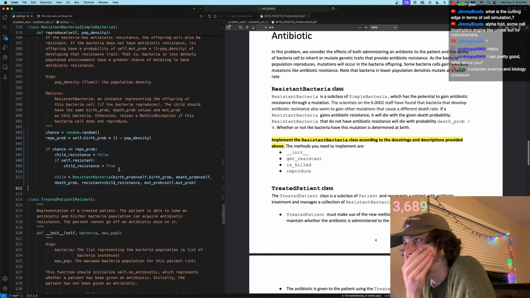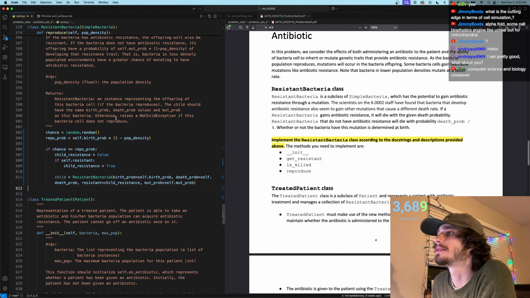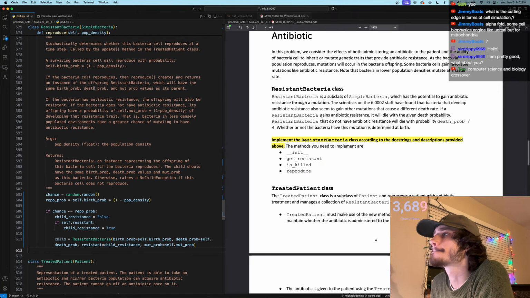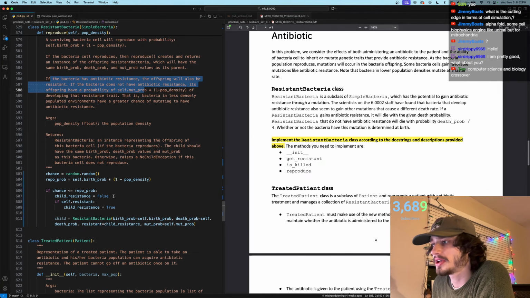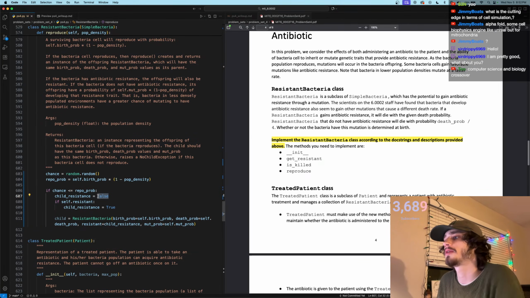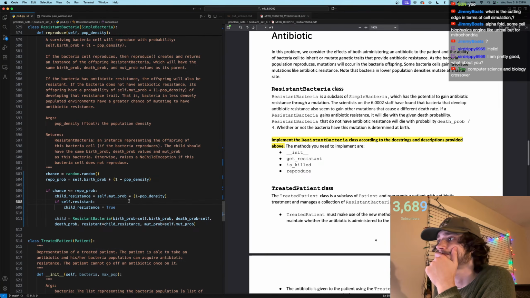Now, let's see what else it says here. If the bacteria has antibiotic resistance, the offspring will also be resistant. If the bacteria does not have antibiotic resistance, its offspring will have a probability. Okay, so we'll say child resistance is equal to, what we'll do is this. We can literally just copy this and set our default to this. No, sorry. We want to keep that as false.